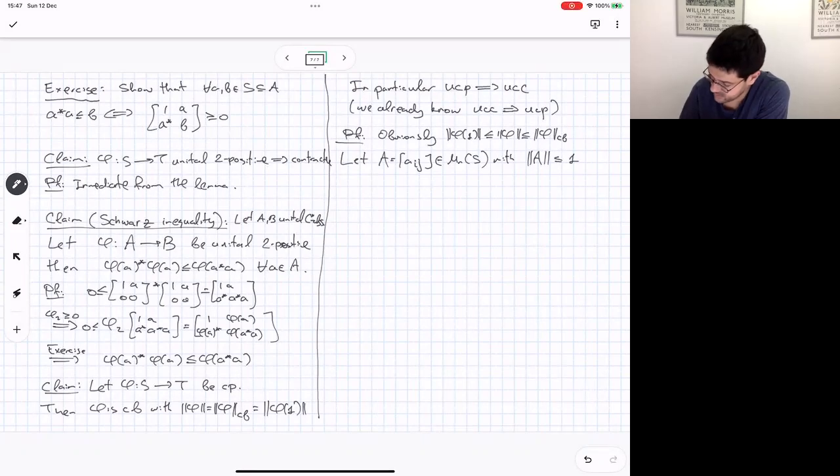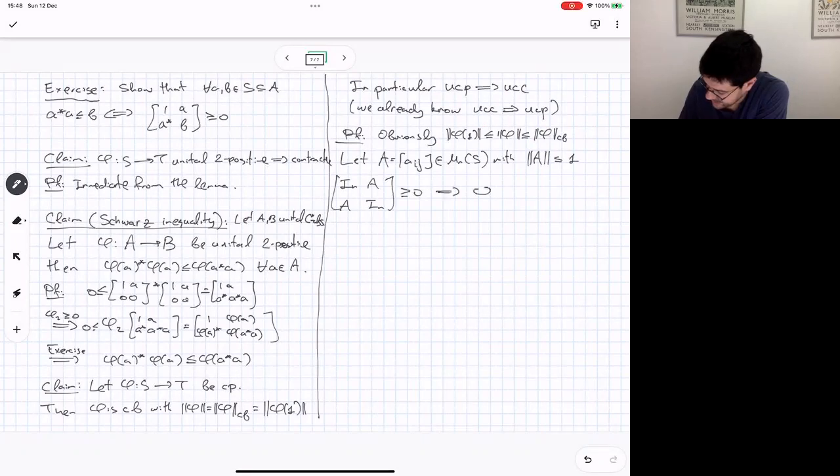I just need to show that this is less than that. Because it is a contraction, we know this from the lemma.